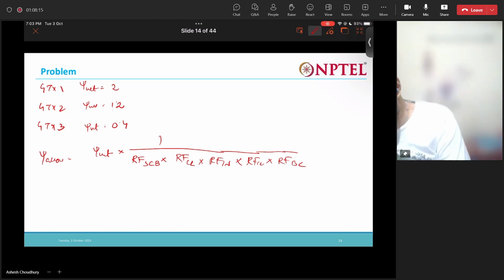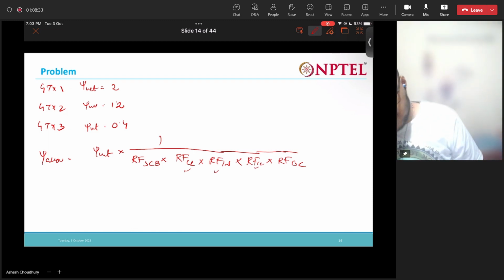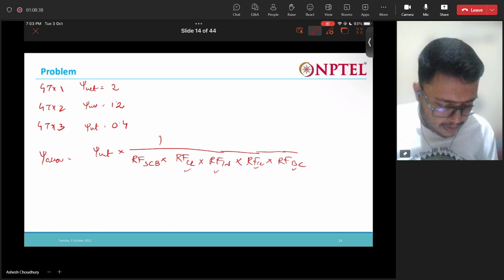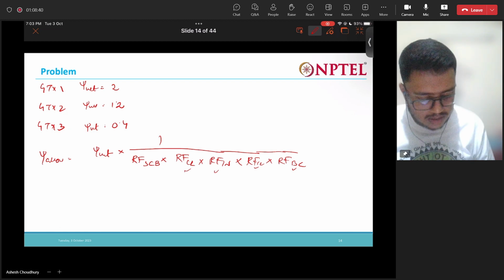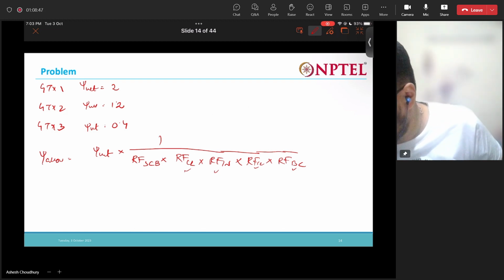There are many reduction factors, I will tell you. CR is creep, IN is intrusion, CC is chemical clogging, and BC is biological clogging. These are certain reduction factors.